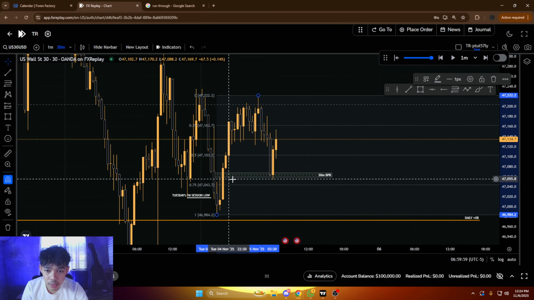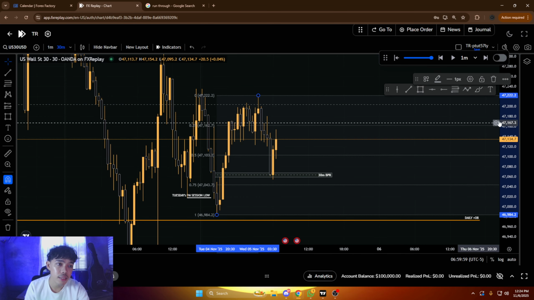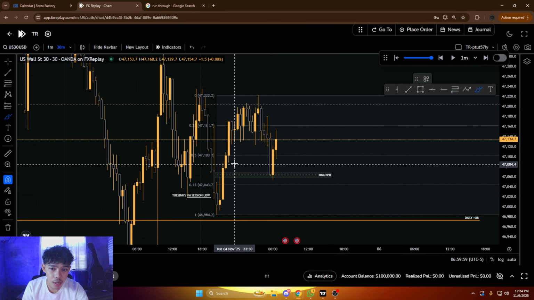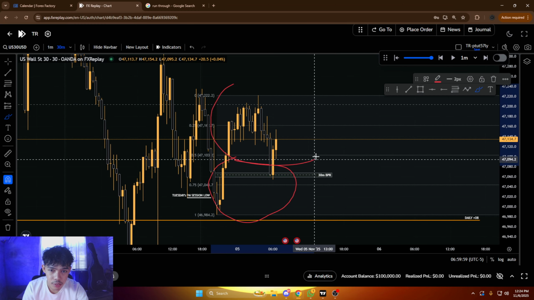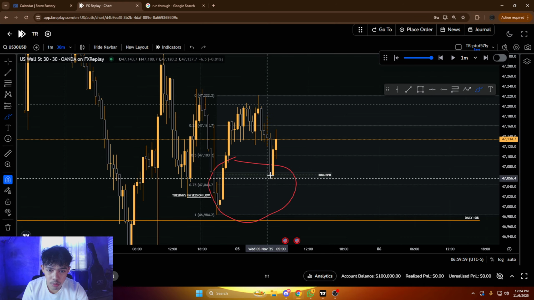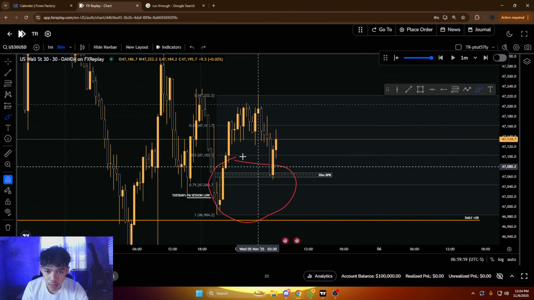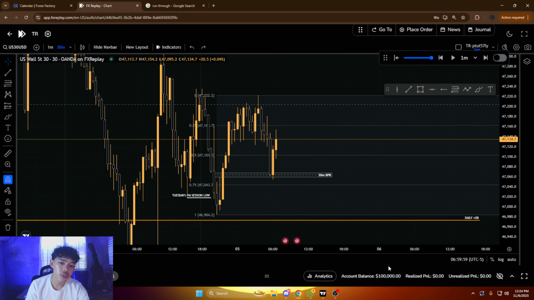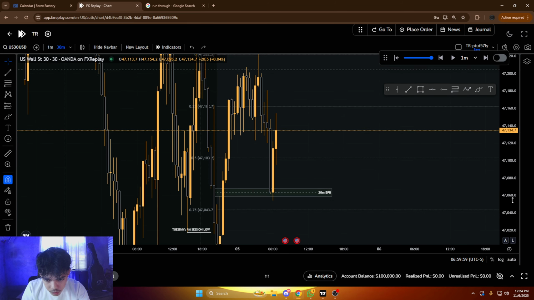As you can see, this 30 minutes BPR is below the equilibrium, which means it is in a discount area. So this is the discount. This is the premium. As you can see, where this 30 minutes BPR is residing in the discount area. So this is very, very discounted na price na PD array.